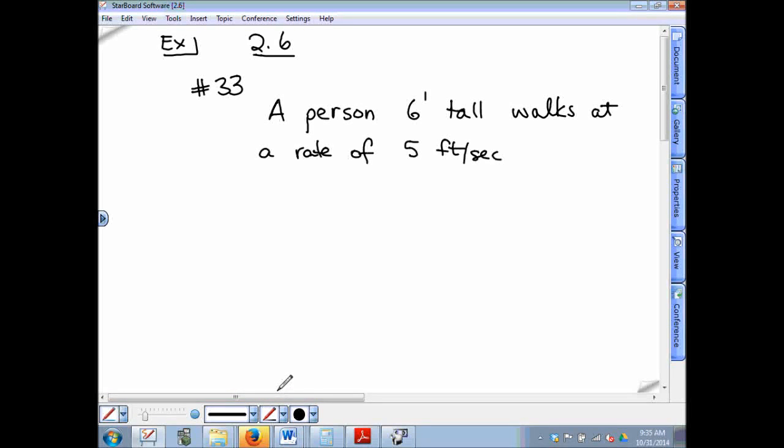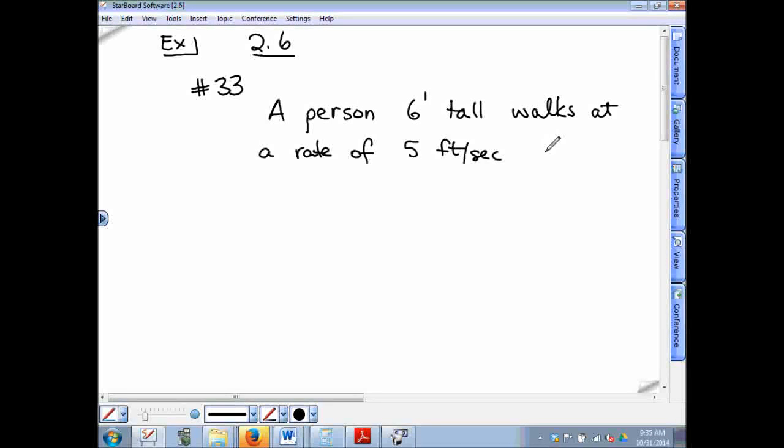Whoa. That's not walking. That's pretty fast. Wow, 5 feet per second. Anyway, I would say he's jogging at a rate of 5 feet per second.